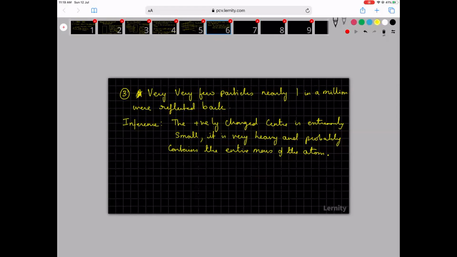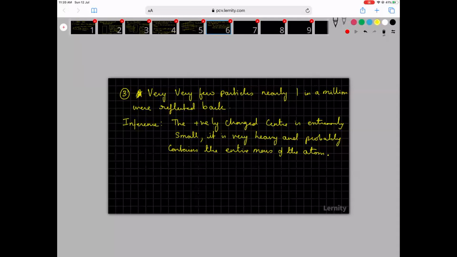In the same way, the fact that the alpha particles are returning back indicates that the nucleus is very heavy. If the nucleus was not heavy, it would not have got reflected back.